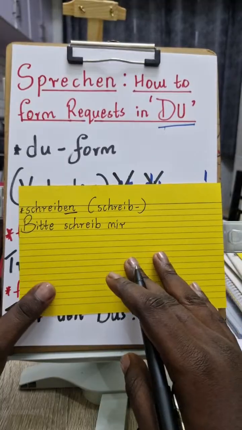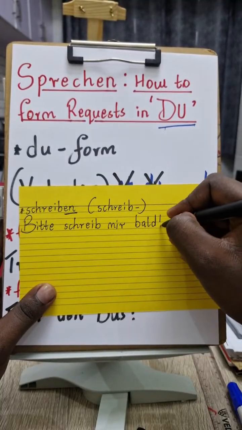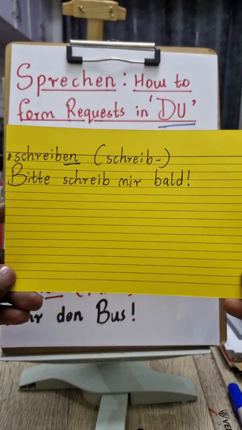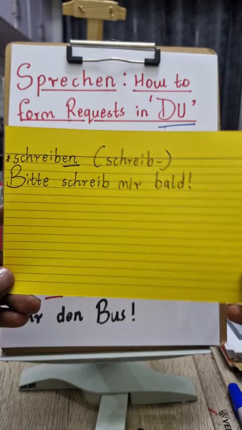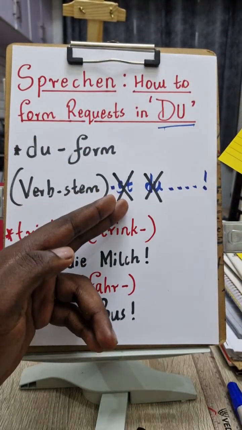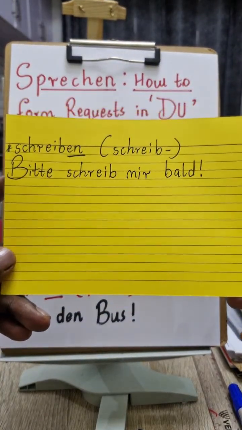Look at that. Please write to me soon. Bitte schreib mir bald. Again, you see, I'm picking the verb stem. There is no st. Don't include st. Remove the du. I just say, bitte schreib mir bald.